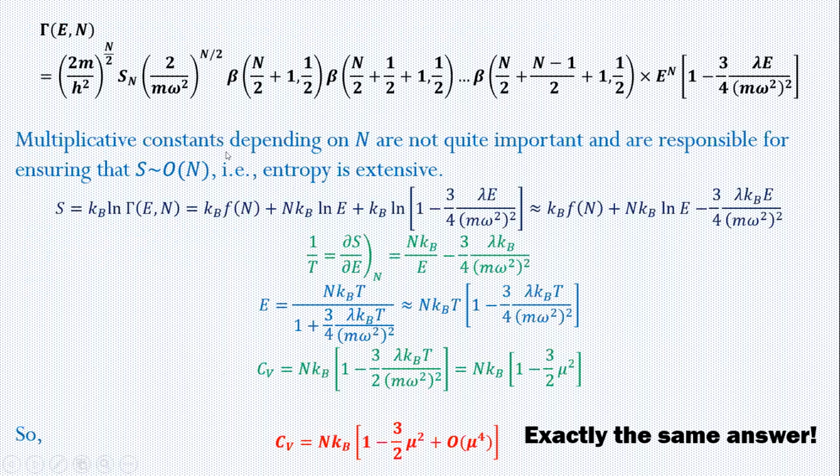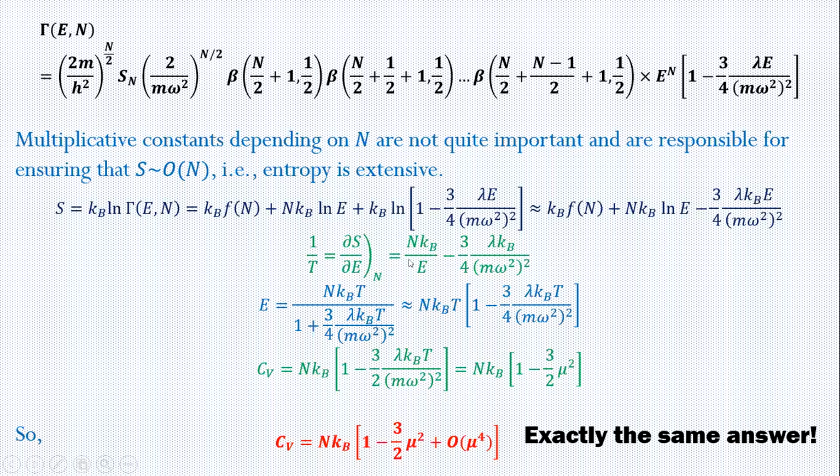The multiplicative constants appearing here are not quite important. They are just ensuring that entropy is extensive, that is, proportional to n. And as you can see, A is k log gamma. So this is a function of n, then n kB log E, and then kB log (1 minus 3/4 of this term). Because lambda is small, we approximate log of 1 plus x as x, so we keep just this.